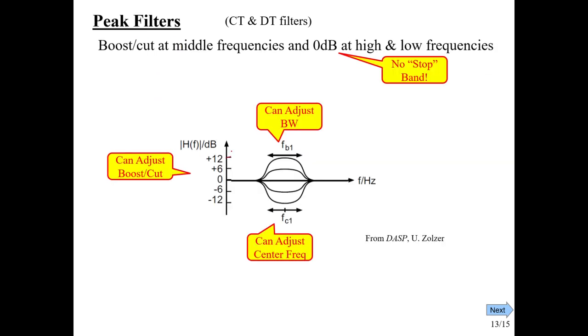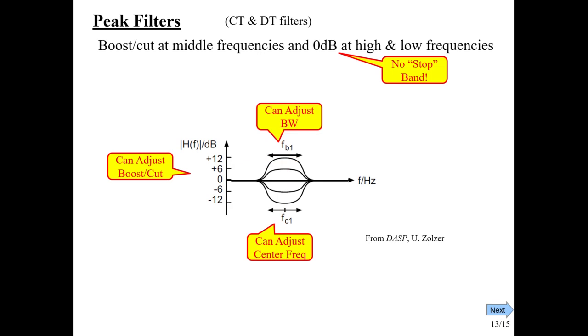So a lot of flexibility in doing this. Here we can adjust the boost or cut, and again we're just showing 5 possible values for that, but we can also adjust the center frequency, so we can move this whole thing to the right or to the left, or we can adjust the bandwidth. So held fixed at a constant center frequency, we can make this wider or we can make this narrower.